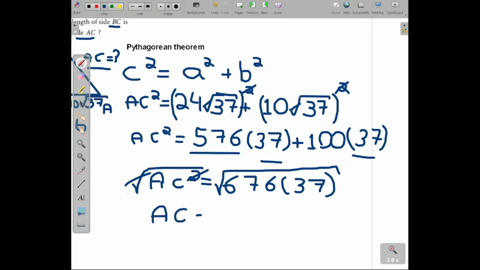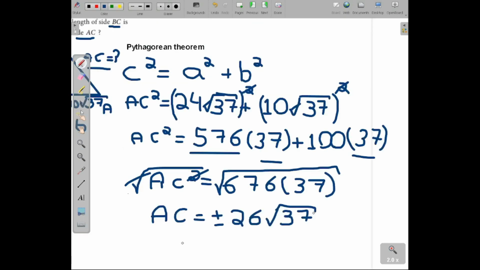AC is equal to the square root of 676, and since we're getting a square root, we get two answers, positive and negative 26 times square root of 37.